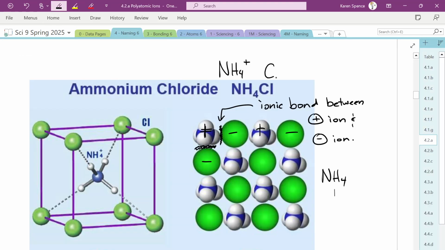So we have ammonium and we have chloride. Do those charges equal out to 0? A +1 and a -1? Yes. So our formula just needs 1 NH4 and 1 Cl. And you'll notice I did not put brackets around the NH4. You only put brackets around if you have more than one of that polyatomic ion. Okay? No brackets.